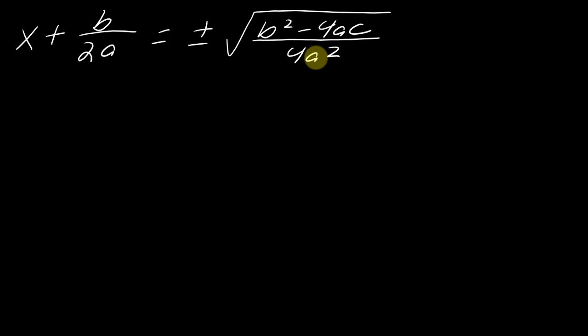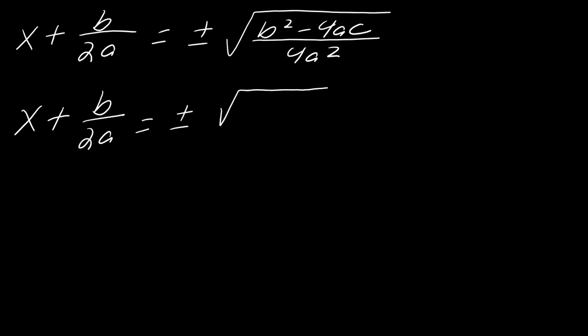What is the square root of 4a squared? It would be 2a. So let's write this down. x plus b over 2a equals now plus or minus, I'll leave the square root on top, b squared minus 4ac, and now on the bottom this becomes 2a. That's actually helpful because now I need to finish solving for x. So I just need to subtract the b over 2a.